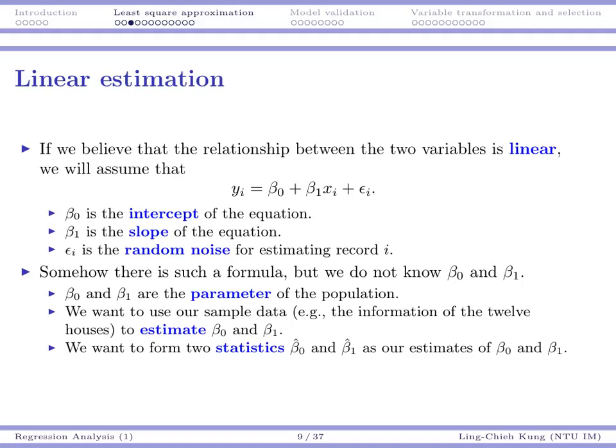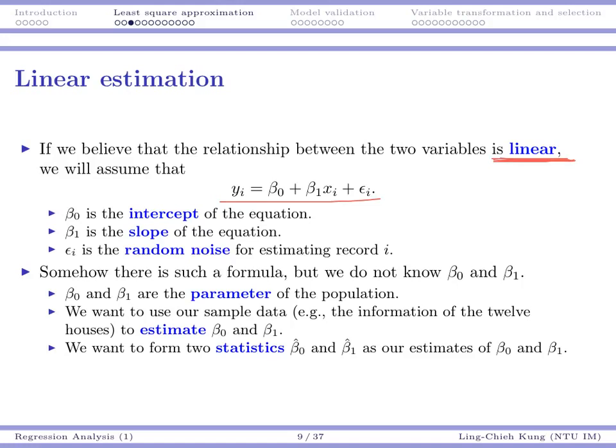When we say I want to identify a line, that means I am assuming that the relationship between the two variables is linear. If I believe that the relationship is linear, then we are assuming that we have this formula. We are assuming that yi, the price of a house, is determined by a linear function of the size.